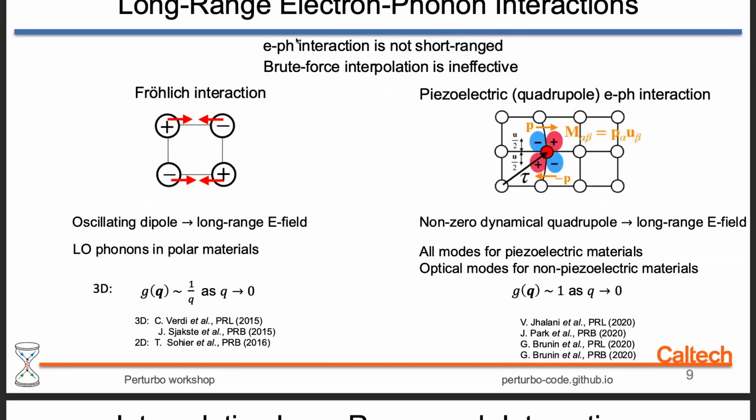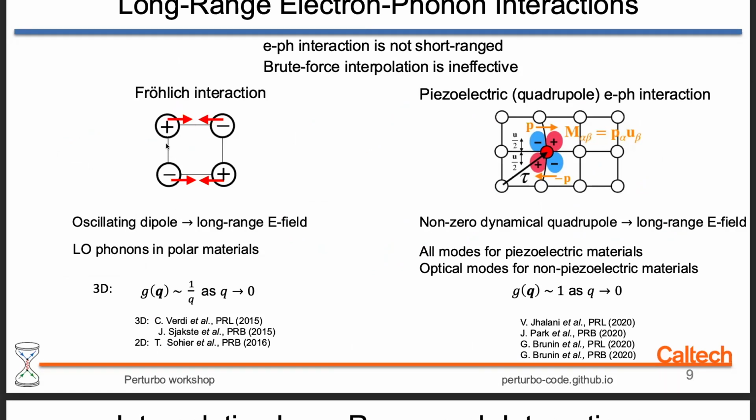Now I'll go into the treatment of the long range part. In insulators in particular, the electron phonon interaction is not fully short ranged, but the long range parts have simpler analytic forms that can be taken advantage of.